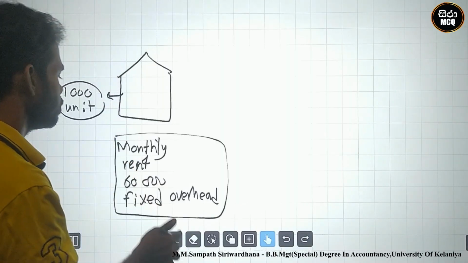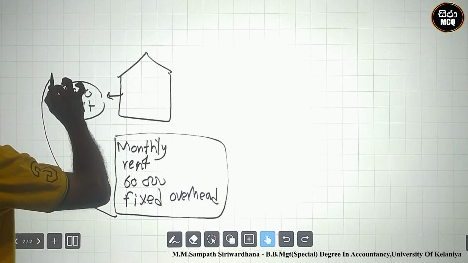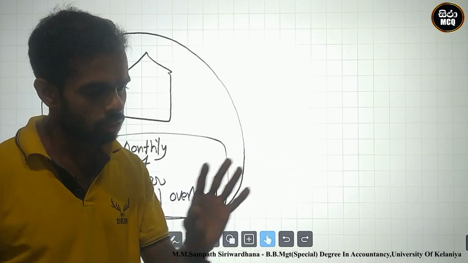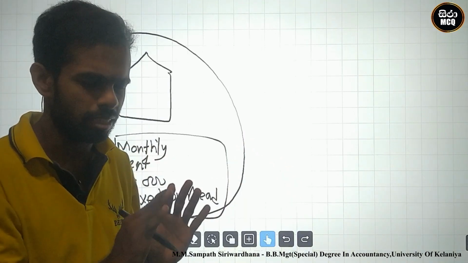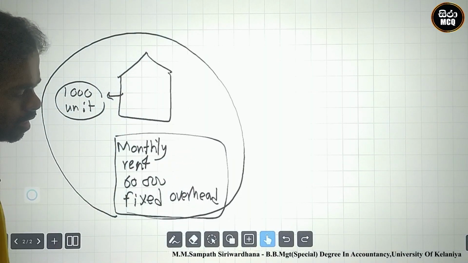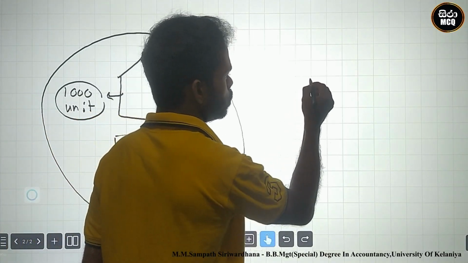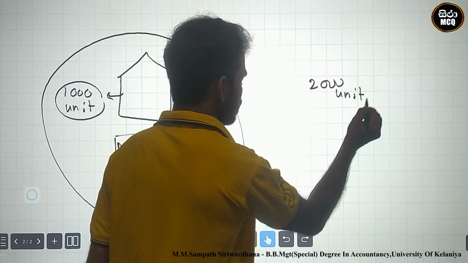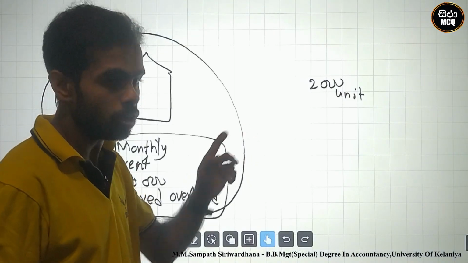Up to 1000 units, this building and its rent are enough. But if the production level increases to 2000 units, this building and its rent are not enough for this production.